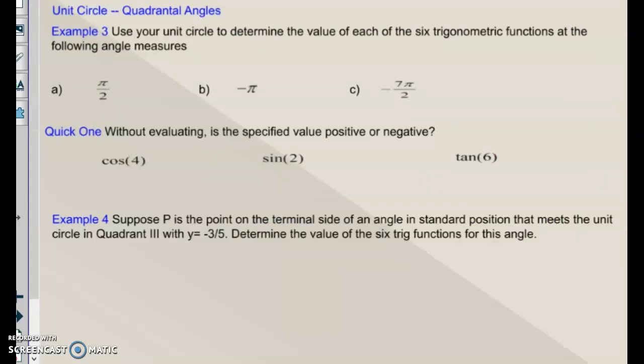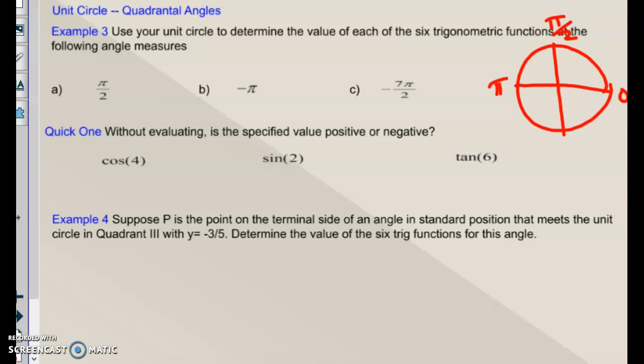All right, so now let's talk about finding some of these values. So I'm going to put my unit circle over here. And if I'm going to find all the trig ratios at pi over 2, well, we said that there's 0, this is pi, so pi over 2 is at what we would normally call 90 degrees, but we're in radians now, so we don't call it that.